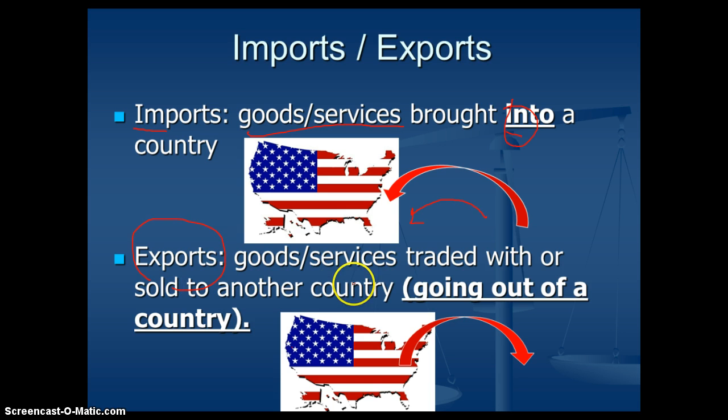That is goods and services that you trade or sell to another country. Those are products that are going out of a country. They're exiting, EX, like the word exit. So you're selling something in an export, you're buying something with an import.